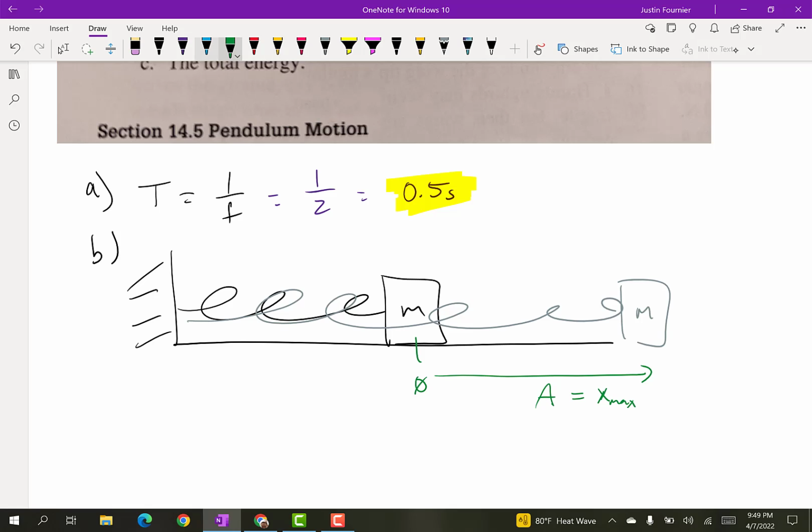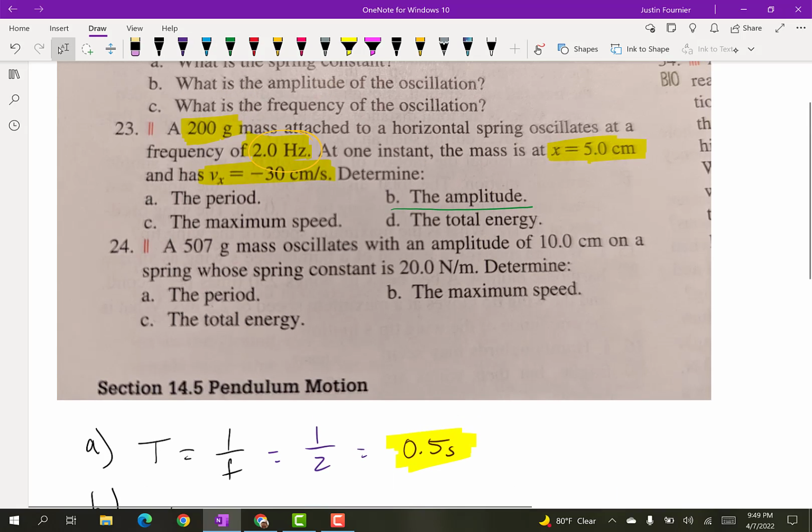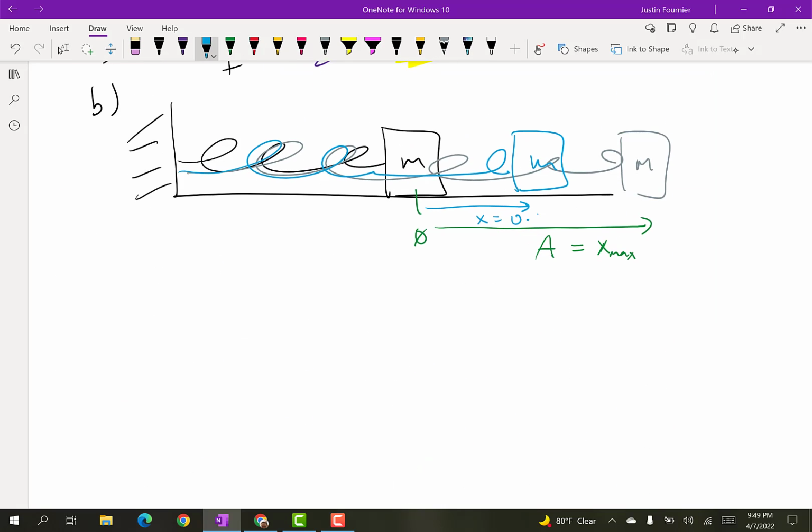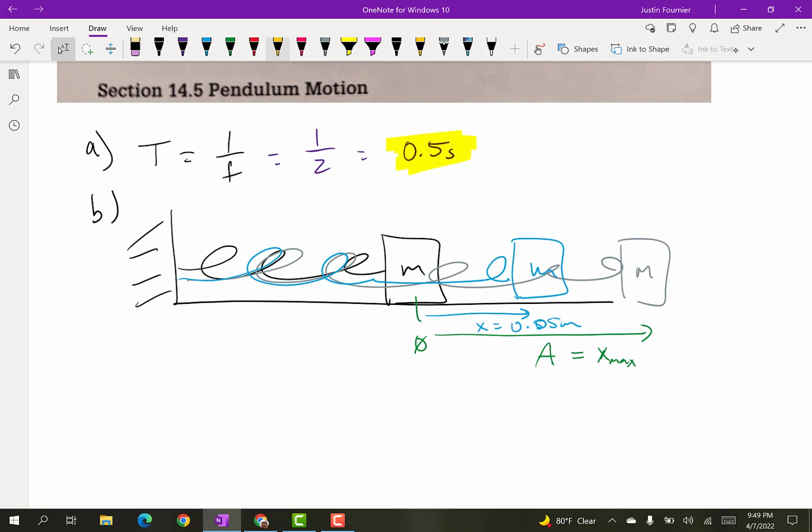And then at some random point, let's say here, that's where the displacement is, where they say is 5 centimeters. So here is 5 centimeters, 0.05 meters. And then we also know that the speed is moving back this way.